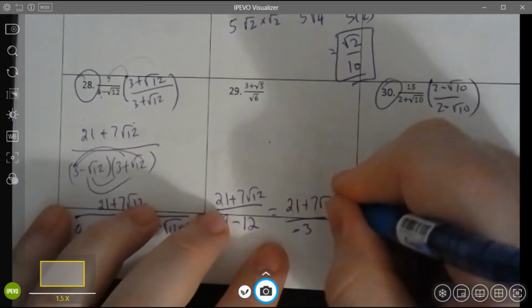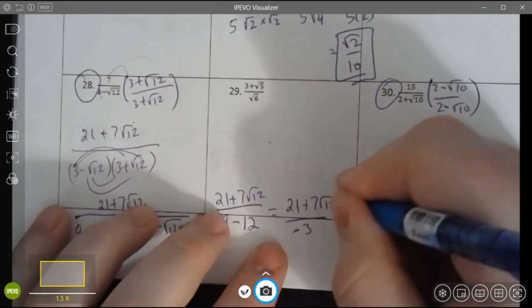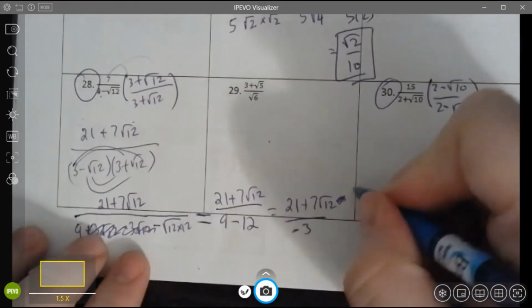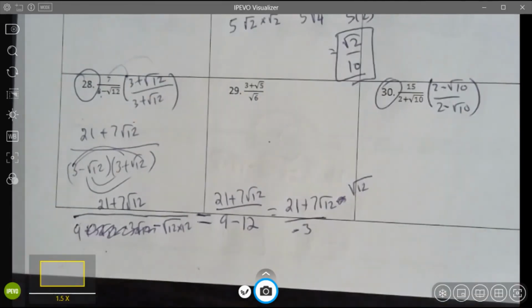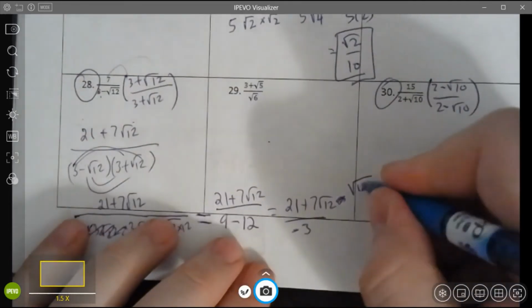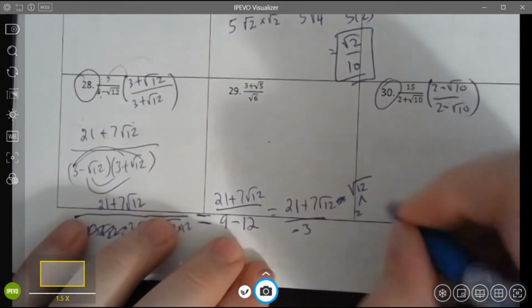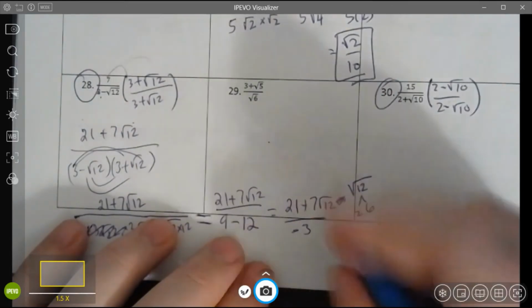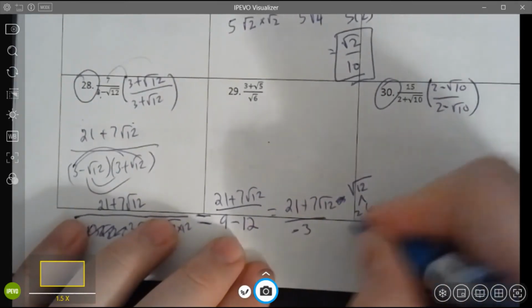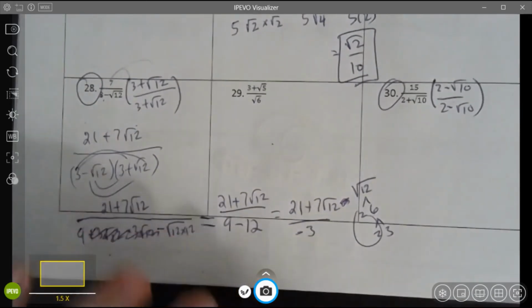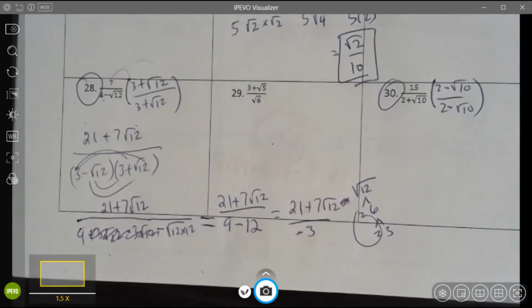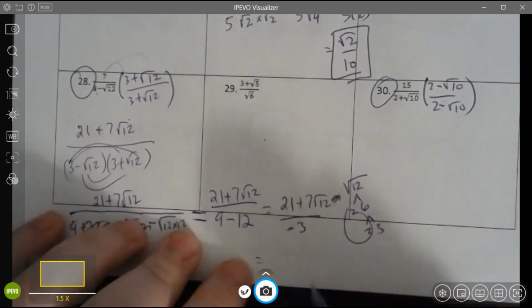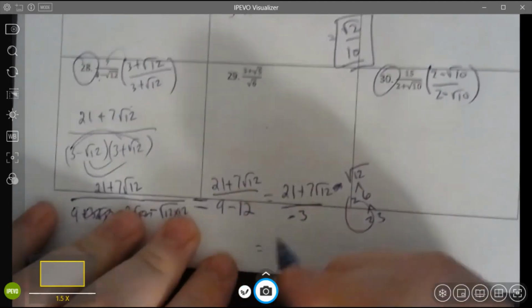So off to the side here, I'm just going to reduce square root of 12. 12 is 2 times 6, and then 6 is 2 times 3. Notice I have a pair of 2's that I can pull out. Now I can go ahead and simplify this. I'm going to take the negative from the bottom and write it out front.